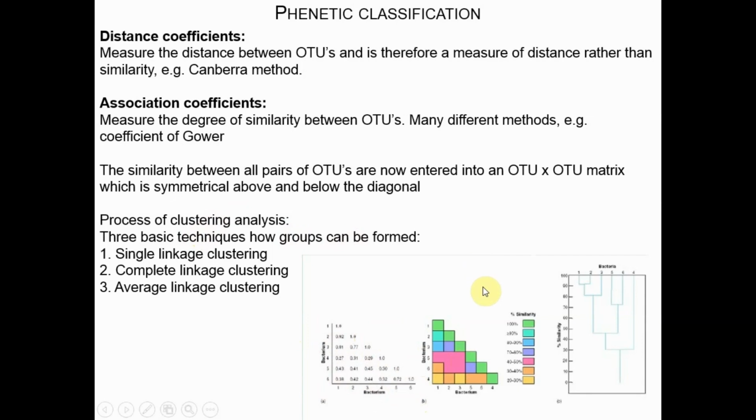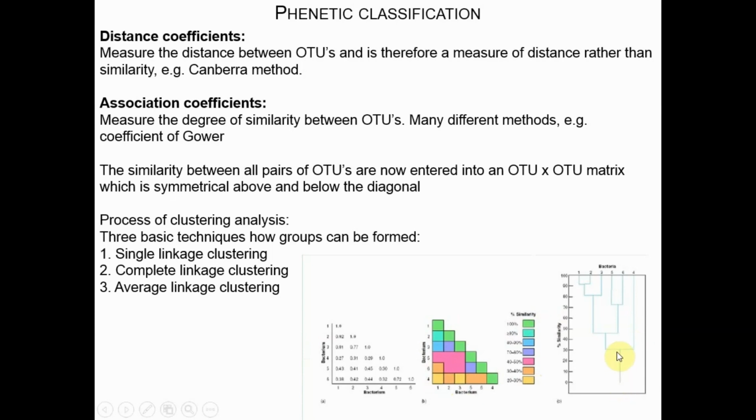Then the process of clustering happens, and three basic techniques can be performed: single linkage clustering, complete linkage clustering, or average linkage clustering. Again, I don't expect you to know all of this, but basically it calculates the degree of similarity across this whole matrix, where we can have lower similarity between some pairs and high similarity between others.